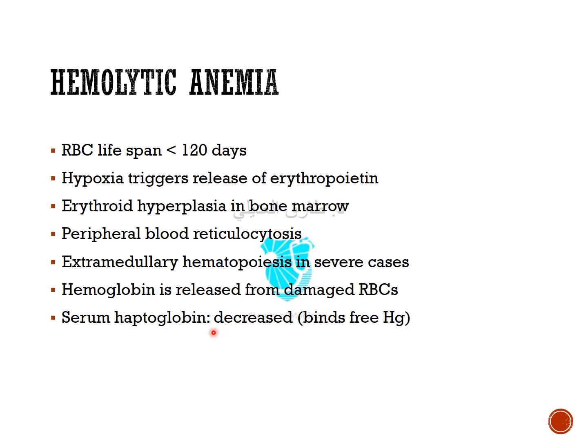So if we measure haptoglobin and it is decreased or absent, this means that hemoglobin consumed the haptoglobin, and thus the patient has hemolytic anemia. So haptoglobin is decreased in hemolytic anemia. The free hemoglobin is toxic. It is injurious. It causes injury to the tissue. So this is why we have haptoglobin.